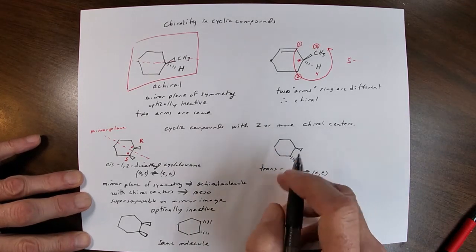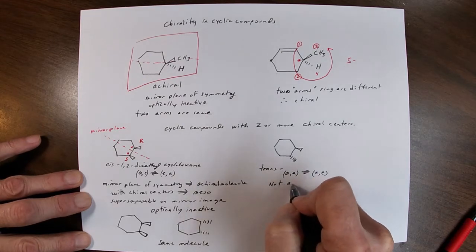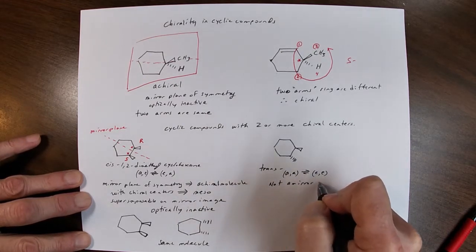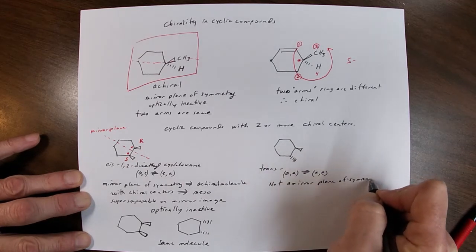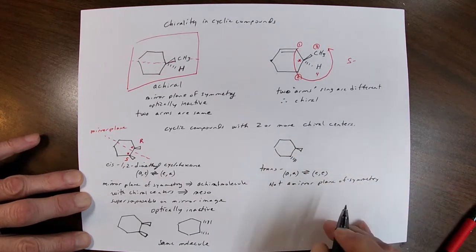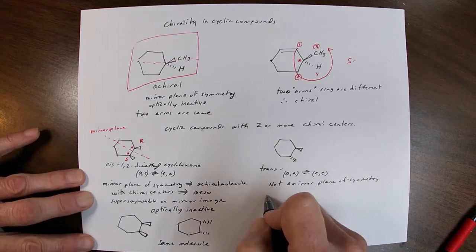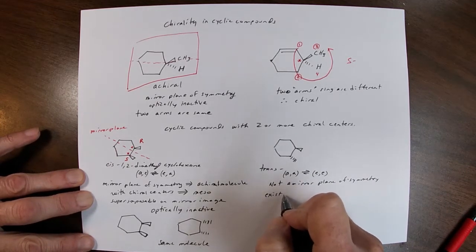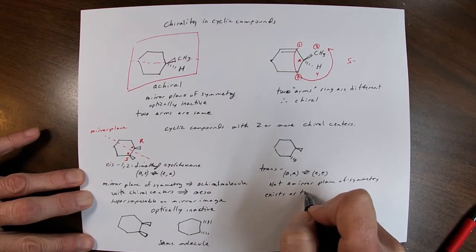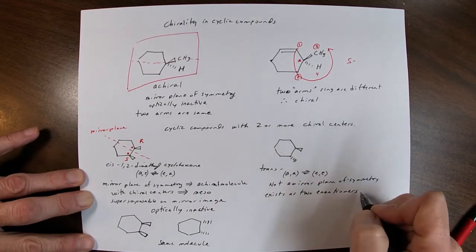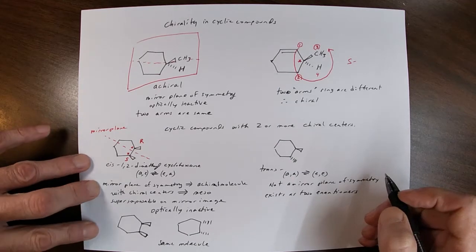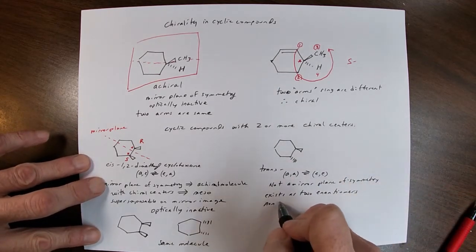There is not a mirror plane of symmetry. And it exists as two enantiomers. That is, non-superimposable mirror images.